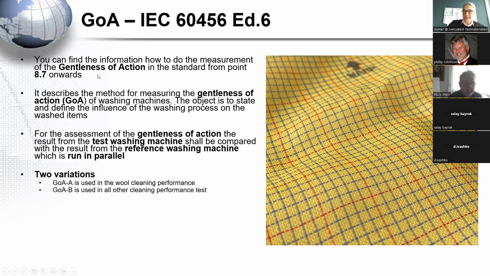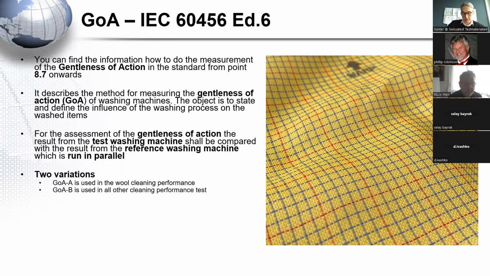There are two ways to use the material or the specimen. One is as GoA A. Then the fabric is used without any cover. After preparing, you can use it directly by placing it inside the load, and this is only for the wool cleaning performance. For all other tests, it is named GoA B, and then it is used in a load cover.